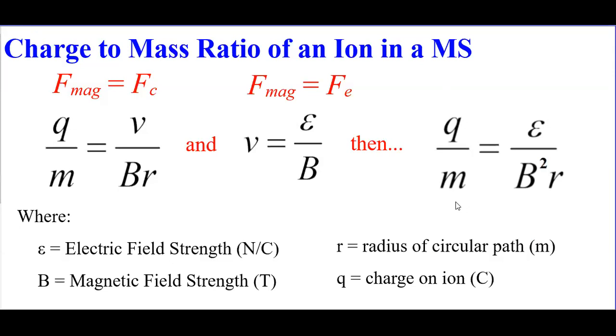Like for instance, if you consider oxygen, you know oxygen should just be a -2 charge, and you know what the mass of oxygen is. It's 16 atomic mass units. You can figure out what that is in kilograms if you are interested, and that should be a set ratio, right? That should be known.